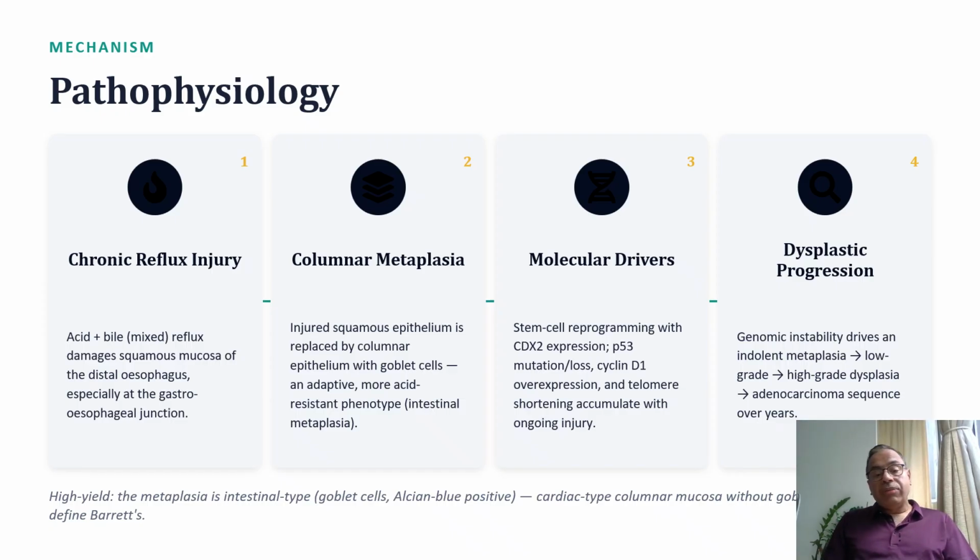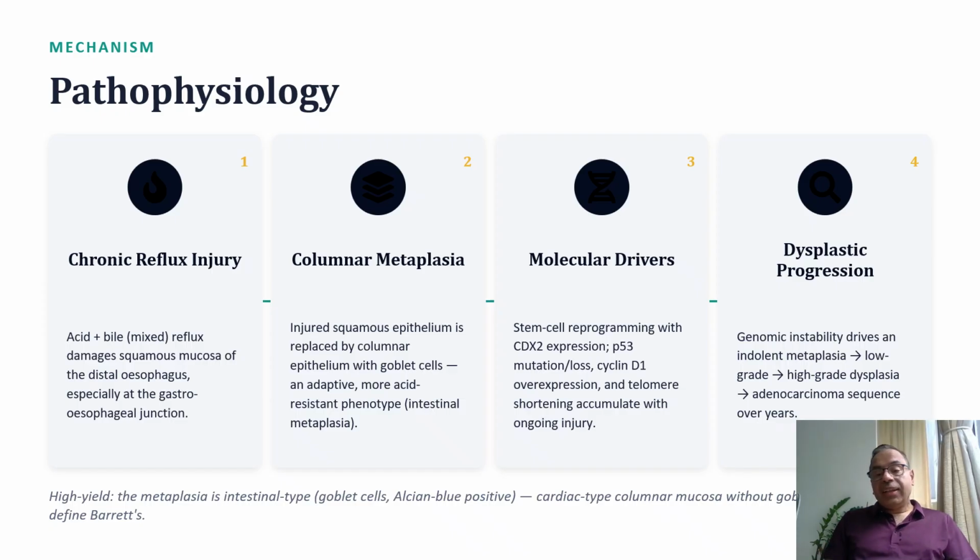So this columnar epithelium with goblet cells is more resistant to acid as compared to a stratified squamous epithelium. Now, over a period of time, molecular drivers come into play where stem cell reprogramming occurs. P53 mutation may occur, and this would lead to further amplifying the ongoing injury.